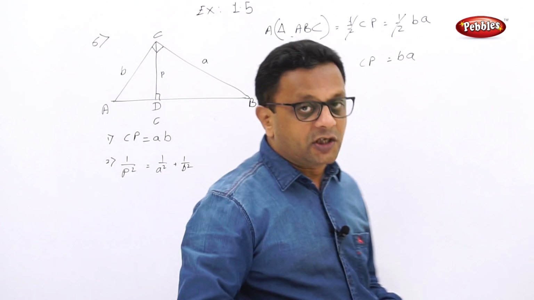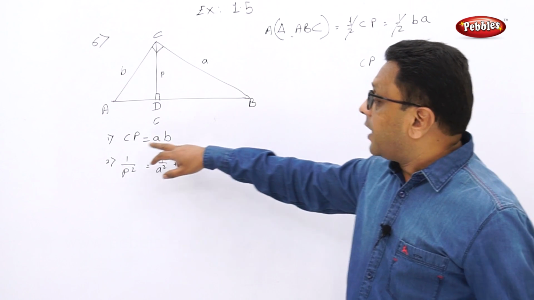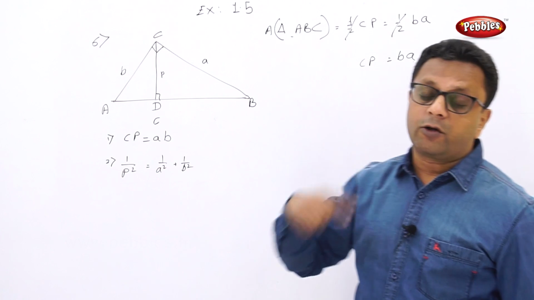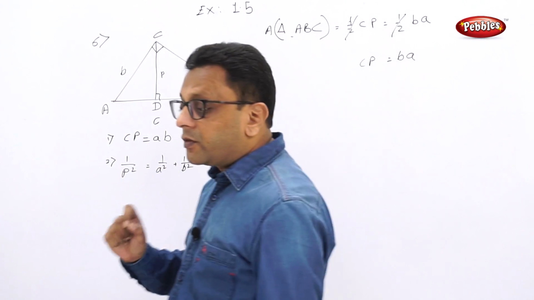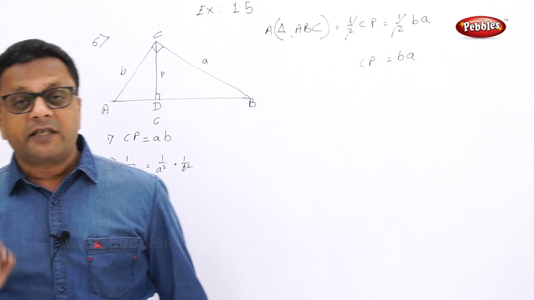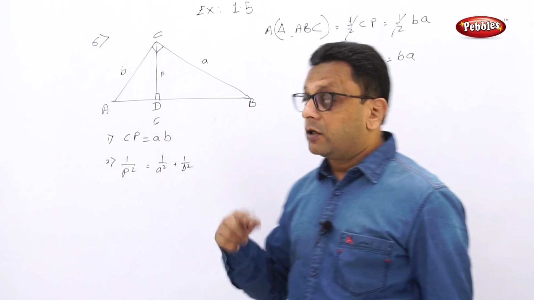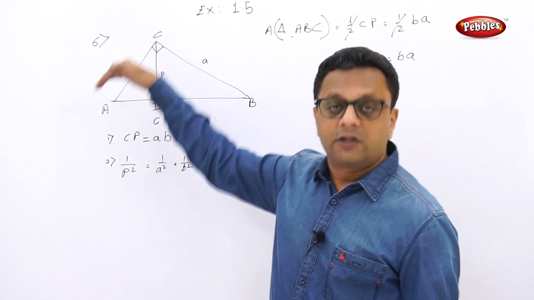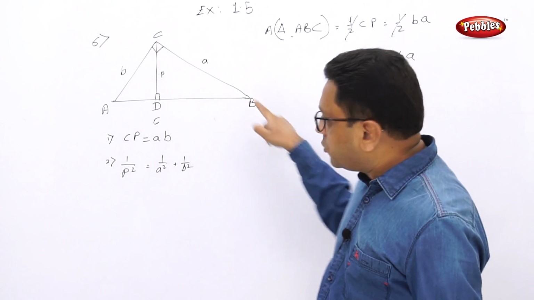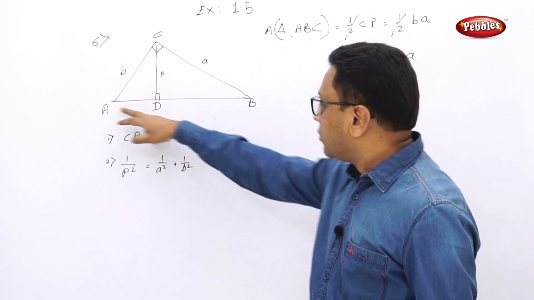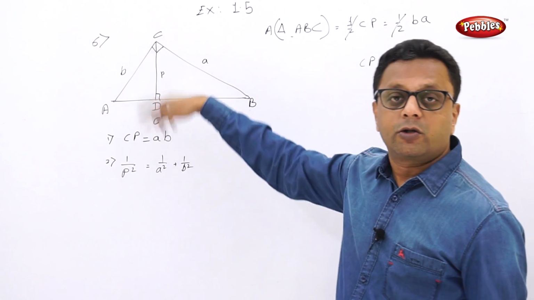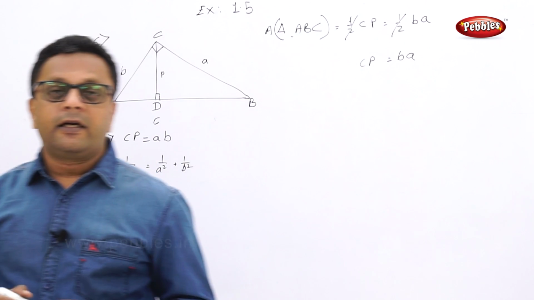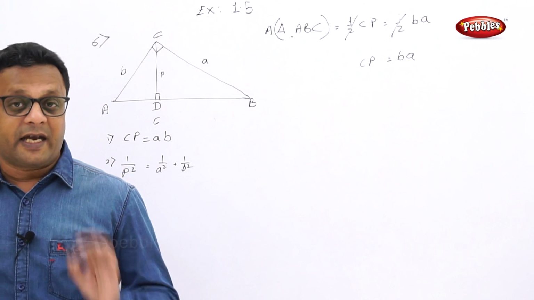I have just said the area of a triangle in 2 ways, and if you remember, I told you the area of a triangle is half base into height, correct? But now don't write that this is base or this is height, because in this case this also can be height and this is base. Now this also base and this also can be height. So instead of calling it base and height, directly call them by the side names.